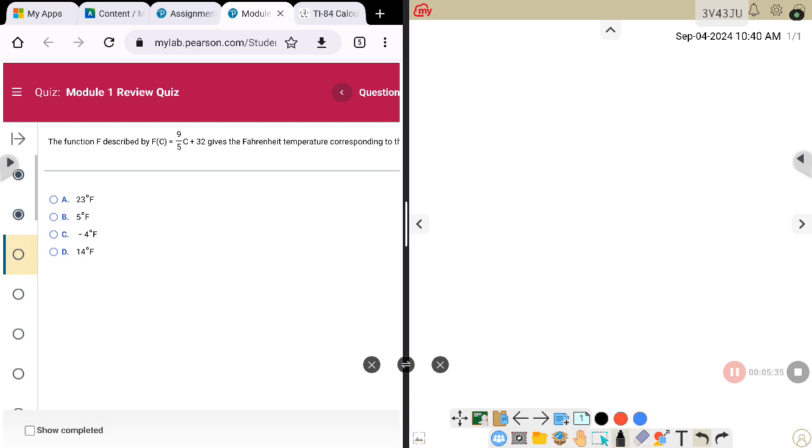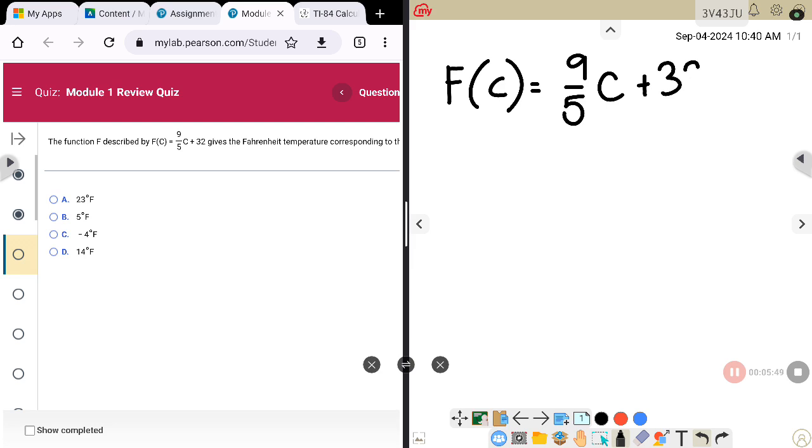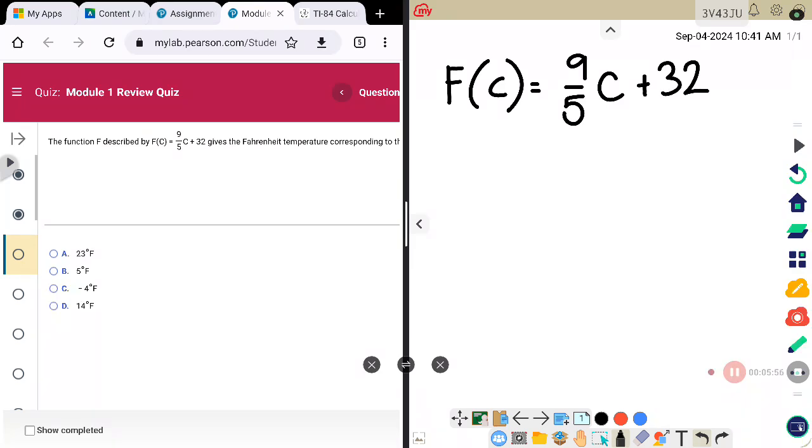All right, the next problem says the function f is described by f of c equals 9/5 c plus 32. Okay, so I just had to unsplit the screen real quick to see what the rest of the question says. So it says this gives the Fahrenheit temperature corresponding to the Celsius temperature of -5.